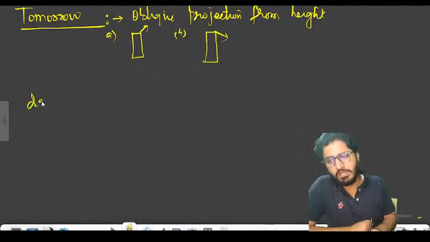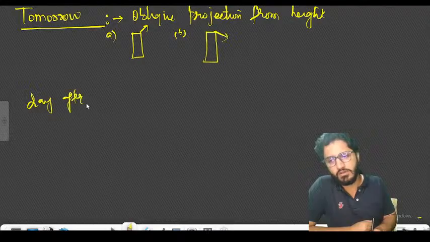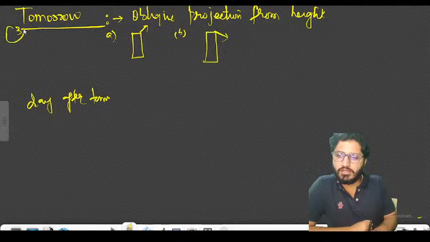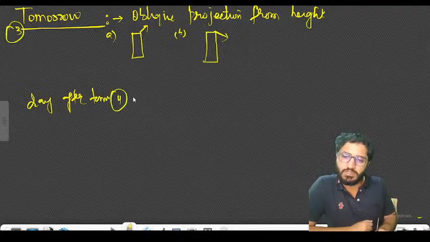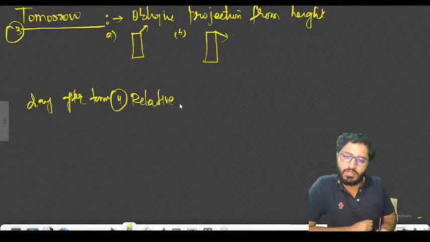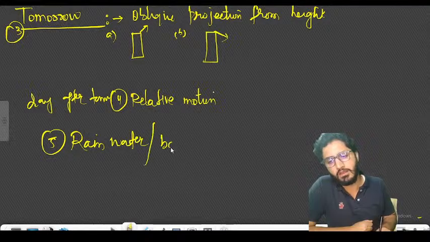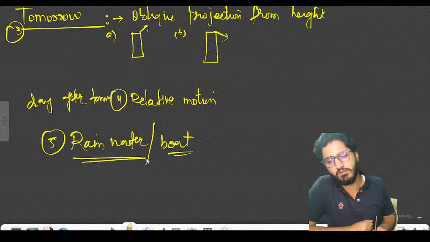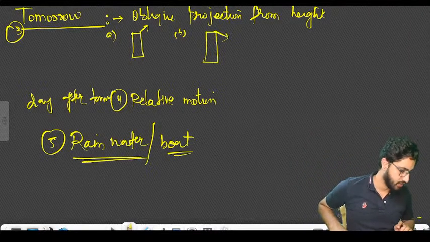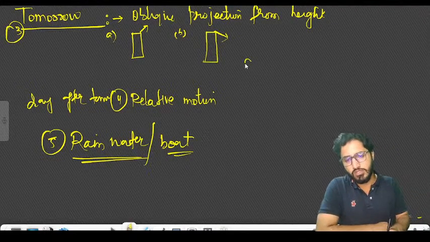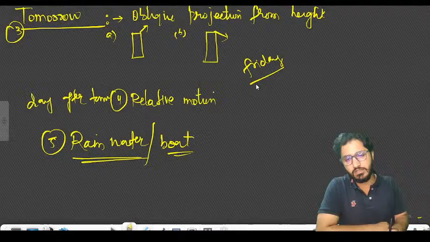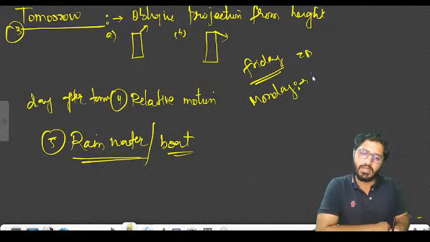Then the day after tomorrow is the third lecture. The fourth lecture will be relative motion. Then the fifth and last one will be rain water or board problems. So we have a 5 day plan. This is how we will complete our syllabus. So this Friday will be the last class for 2D. Then from Monday we will start NLM.